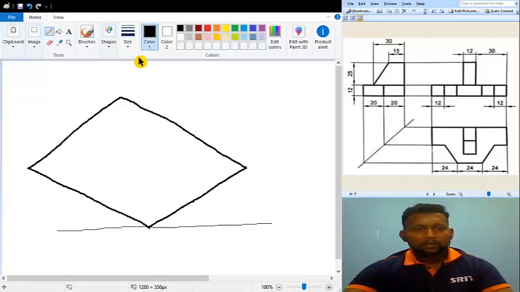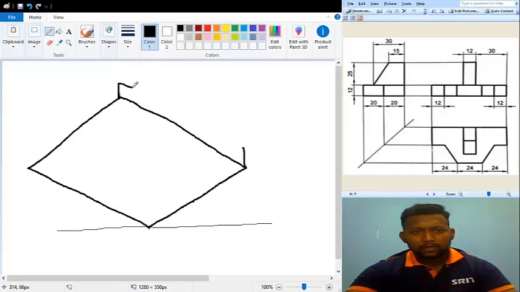So now I am going to start from this particular point, the back side of the top view. Okay, so here you can see that in the front view it has a thickness of 12 mm. For all these things, I am going to start from this particular backside point with a height of 25. So I am going to draw it like this. This is your 12 mm and here also it is 12 mm.